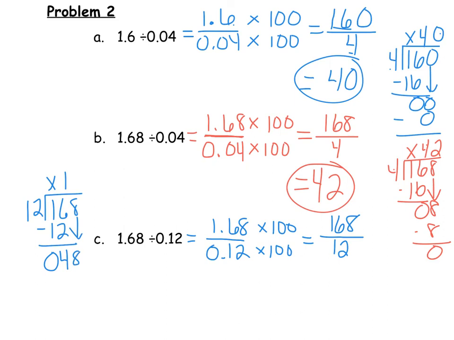Bring down the 8. 48 divided by 12, or how many 12s fit into 48, is 4. 4 times 12 is 48. Subtract. Beautiful when it's balanced. Get a 0. So 168 twelfths, or 168 divided by 12, is equal to 14. Make sure you showed all your work.